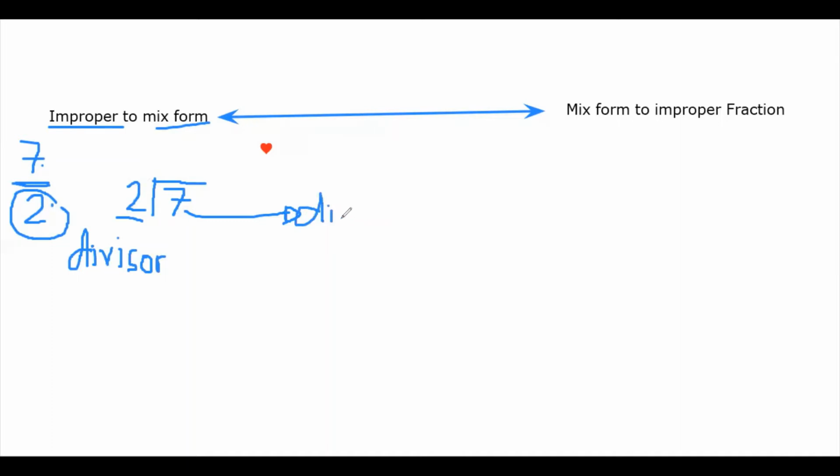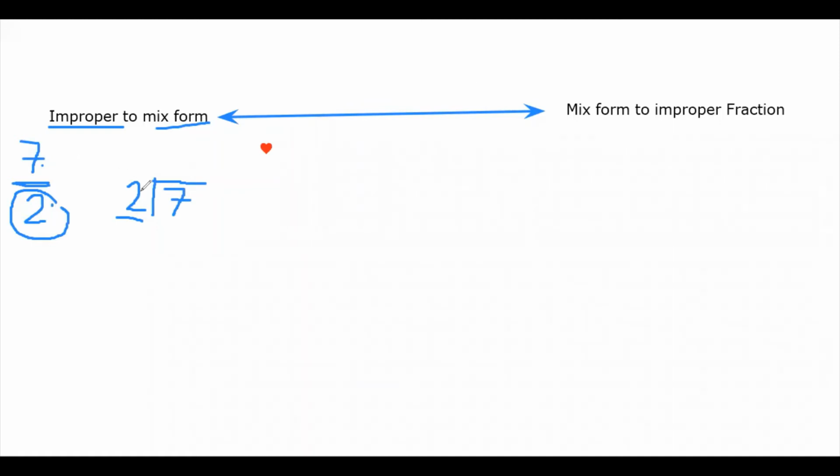Do not forget that. If someone asks you where is the divisor or the dividend, you can easily answer the question. So it was just a quick review of our fundamental operation rules in division.